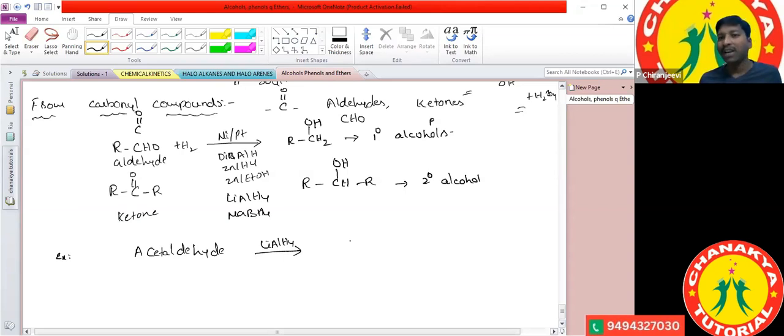Once again I'm repeating the question. Everyone listen carefully. Acetaldehyde undergoes the reduction reaction to form primary alcohol, secondary alcohol, or tertiary alcohol.